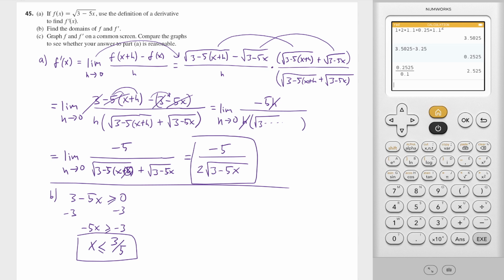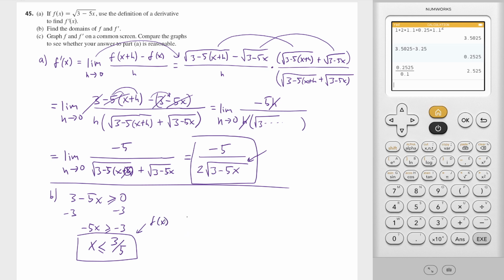Can't take the square root of a negative number unless I'm working with complex numbers. But I can take the square root of 0. However, if you notice here, when I take the square root of 0, I get a 0 in the denominator. That doesn't work out. So this is the domain for f of x.